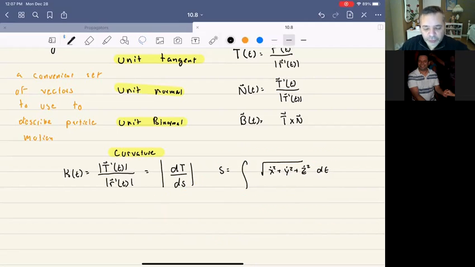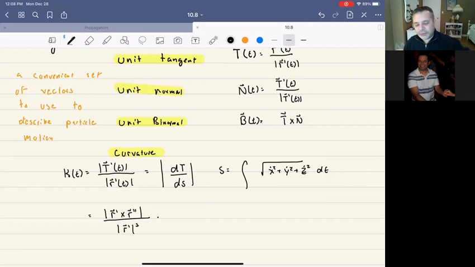Another formula for it is the magnitude of r prime cross r double prime divided by the magnitude of r prime cubed.